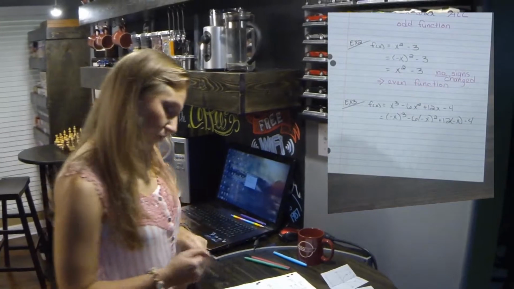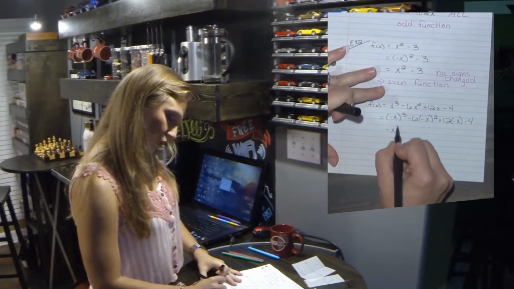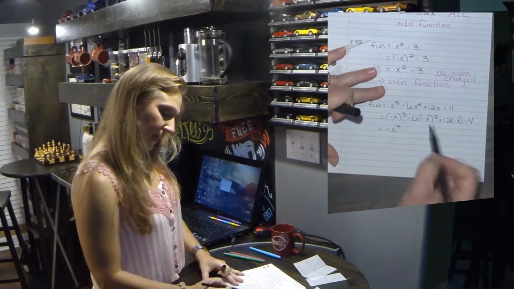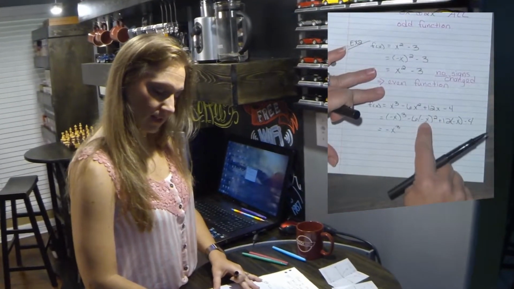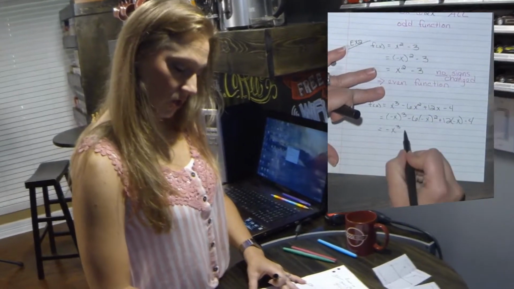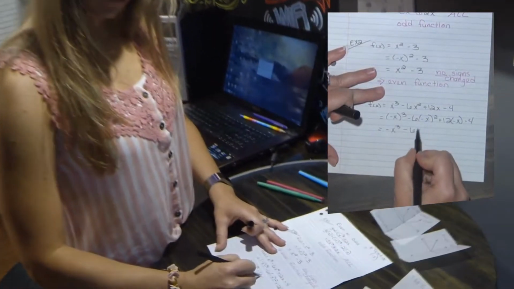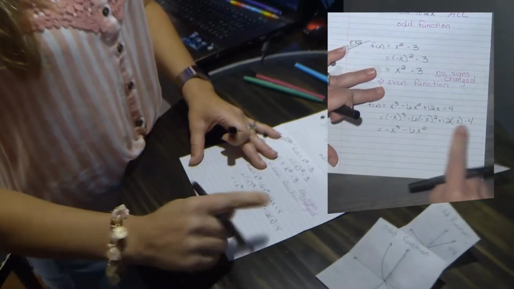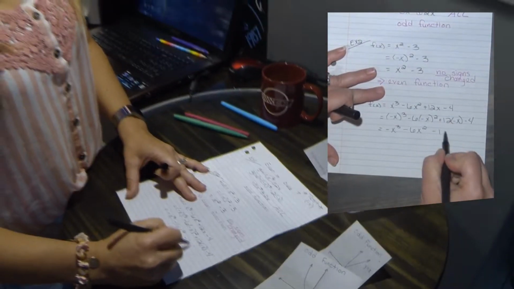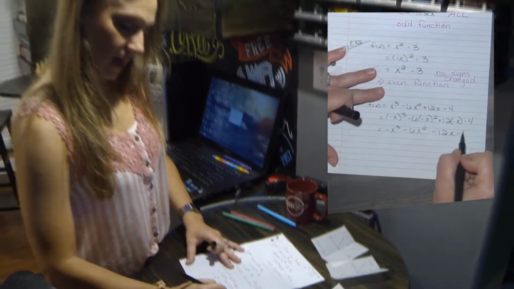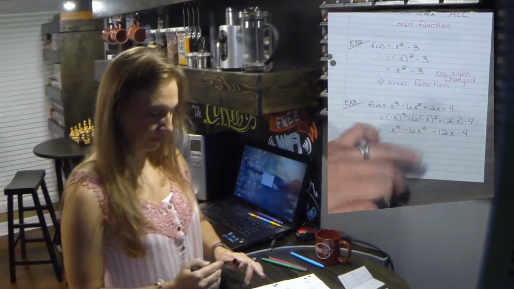That is going to come out to be negative x cubed. Here I have negative x squared. That's going to be a positive x squared. So this is going to stay negative 6x squared. 12 times negative x reduces to be negative 12x. And the minus 4 we just bring down.